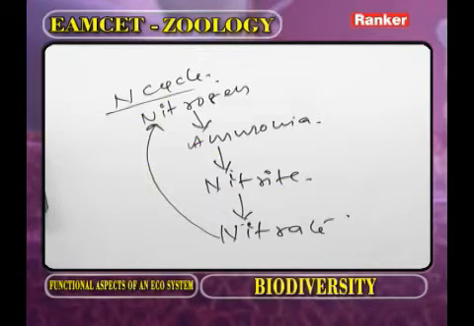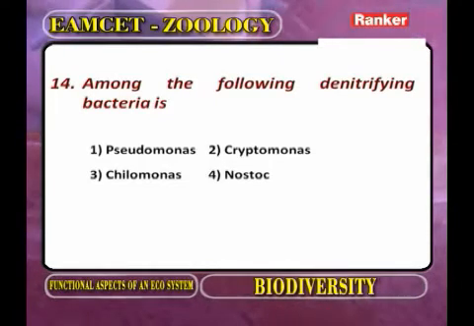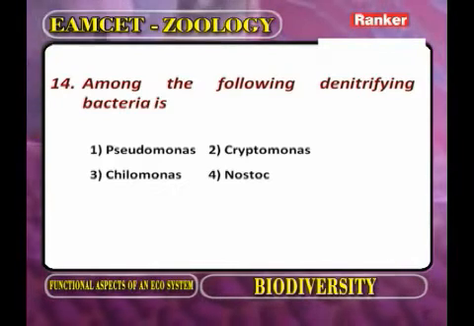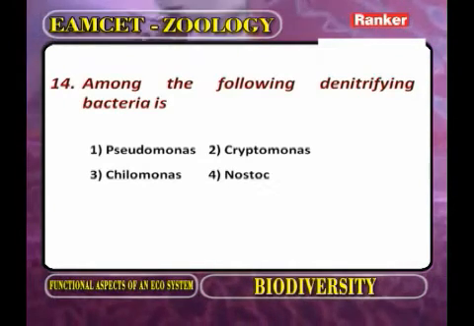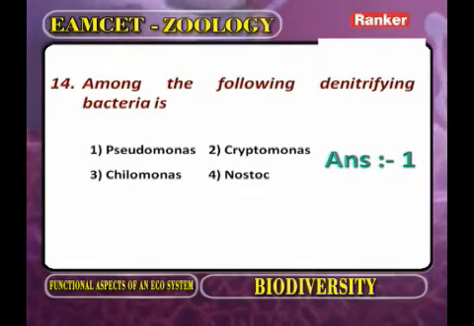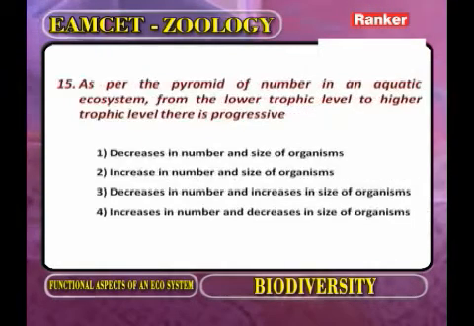One is Pseudomonas, second Cryptomonas, third Chilomonas, and the fourth is Nostoc. Denitrification means sometimes the nitrates are again converted into nitrogen. That is brought about by Pseudomonas putida, which also plays an important role in controlling marine water pollution. Now we go for the next question.